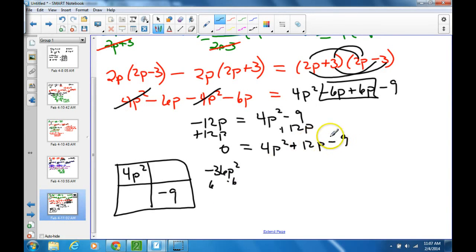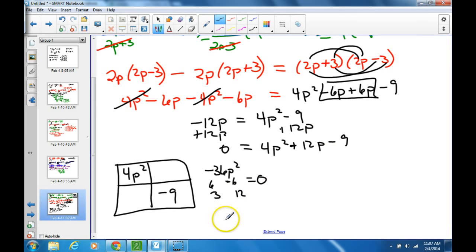Well, one has to be negative because we have a negative 9 here. Remember we multiplied these together, we have negative 36? Yeah, but it equals a positive 12. Yes, we're looking for a positive 12. So, if I use 6 and 6 and one of them being negative, add those together, what do you get? 0. So that can't be it. 3 and 12? No, it doesn't work. 3 and 12 doesn't work either, right? Because we need to end up being 12.